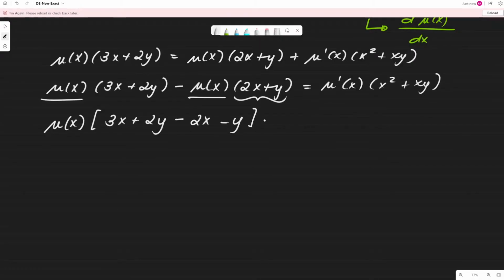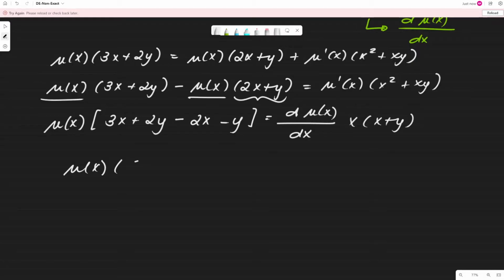Equal to mu prime of x, which you can now write as d mu of x over dx, because we are going to make this variable separable. I'll factor out x since it is common, so this will become x times the quantity x plus y. So let's evaluate. We have 3x minus 2x, that is simply x, since 3 minus 2 is 1.